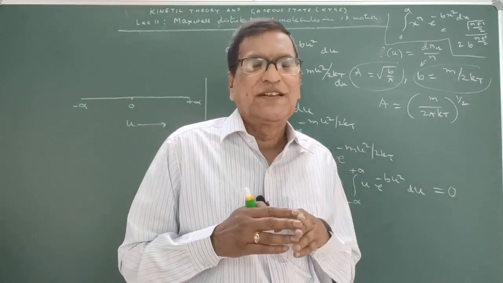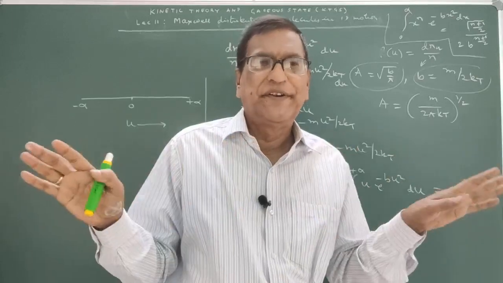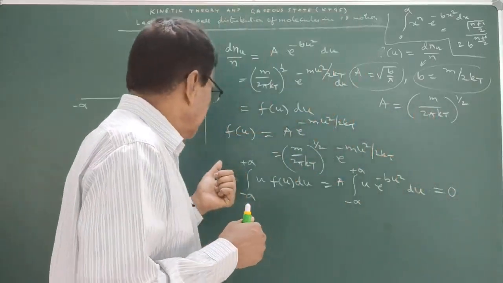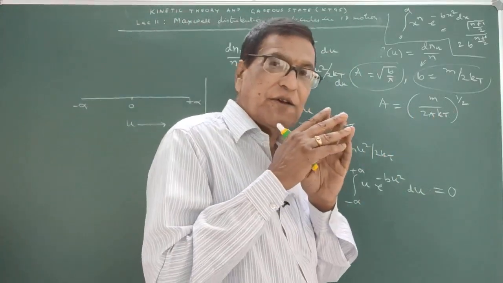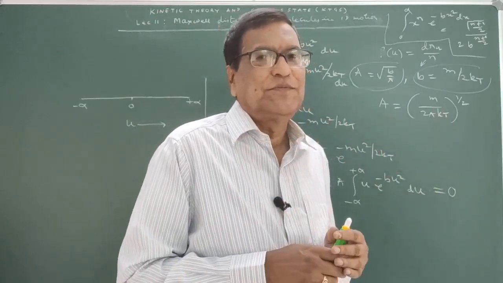Uniform distribution will be destroyed, will be hampered. So the average value of x component velocity must be 0, should not be other than 0.